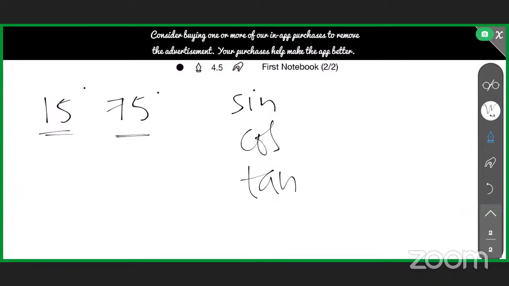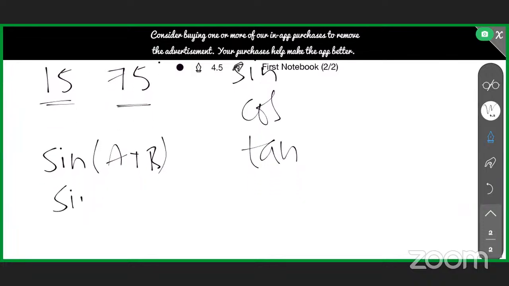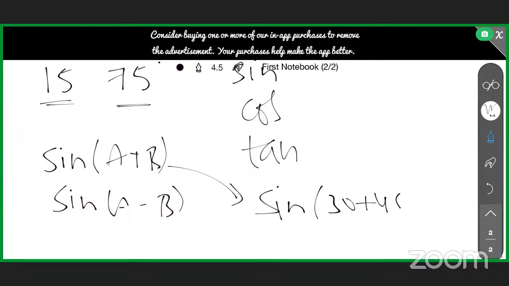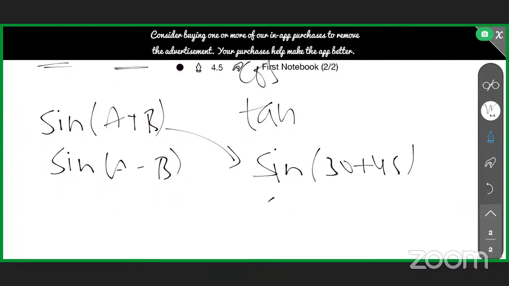If you don't know, use the compound angle formula, sine of A plus B formula, or else sine of A minus B formula. The same thing for everything. You can find it as sine 30 plus 45, and also as sine 45 minus 30.